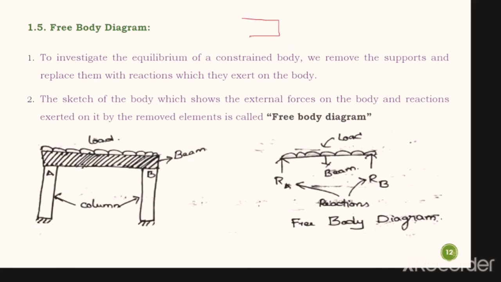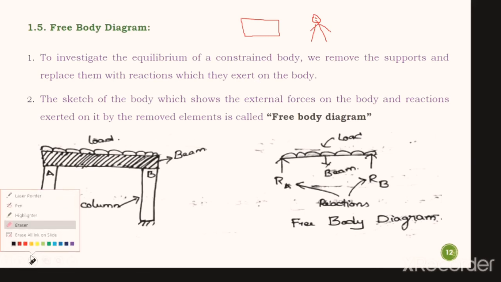So there is a box here, and you are the person. You are trying to pull this box to this side. So what do you do? You hold that box with your hands.